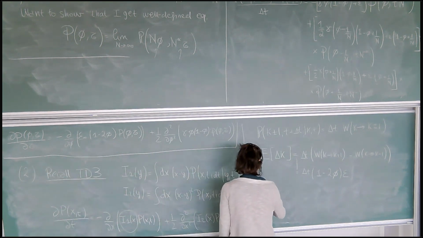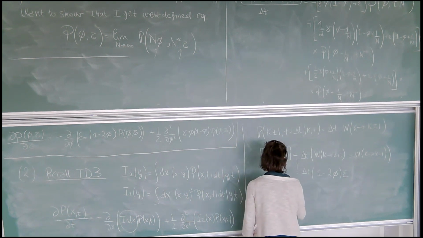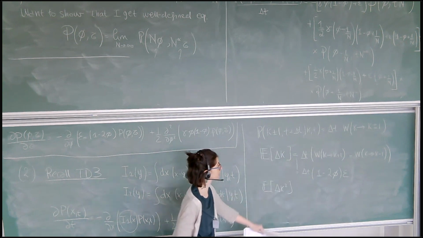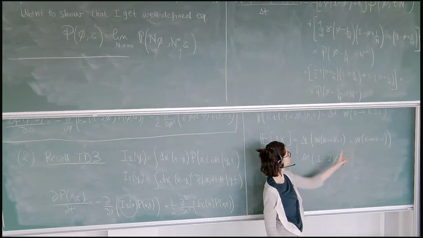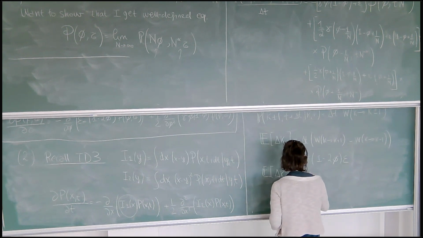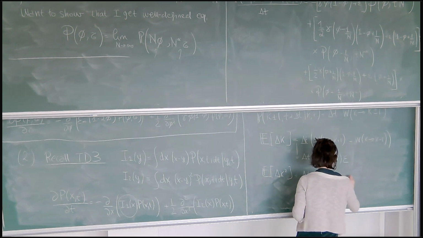And if you do the variance in terms of k, in this case, this will be just the sum of the two transition rates. So instead of a minus, you would have a plus, and you find that this is equal to dt gamma phi (1 minus phi) plus epsilon.